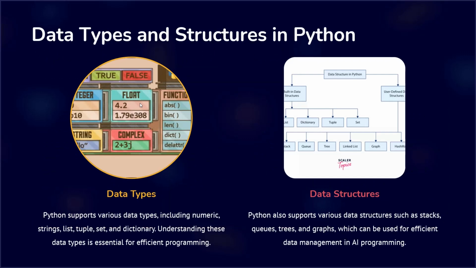Data types and structures in Python: you don't have to stick with one data type. It is not like that. Python provides you a very vast collection of data types which you can easily make use of. Like if you have data of numeric type or a string or a list or a tuple or a set or a dictionary, Python easily accepts all these types of data.